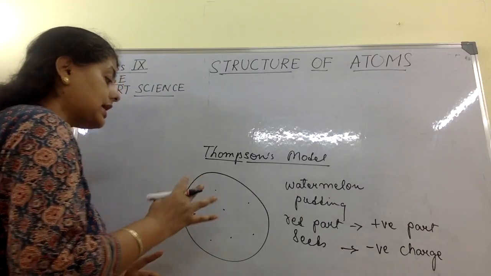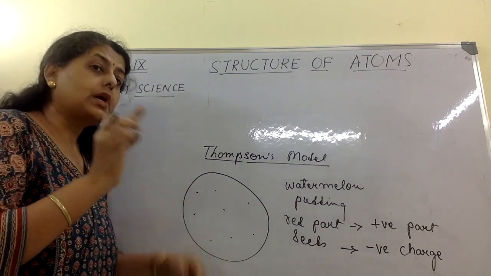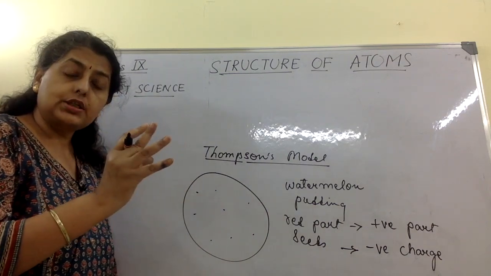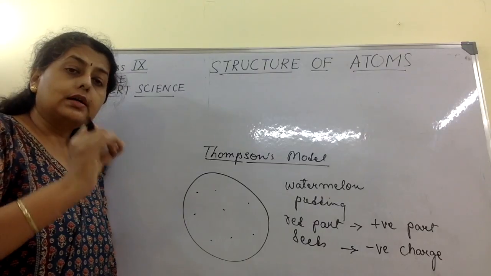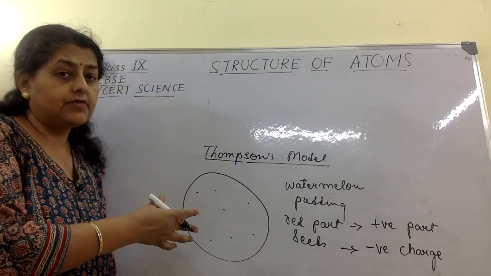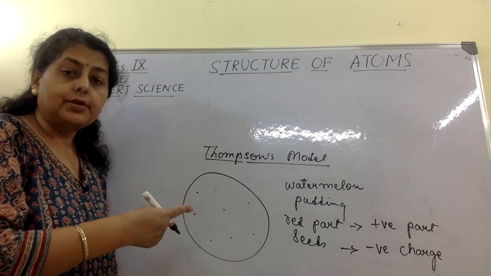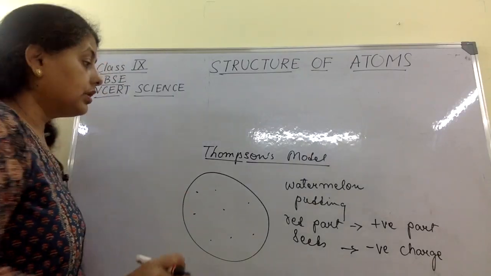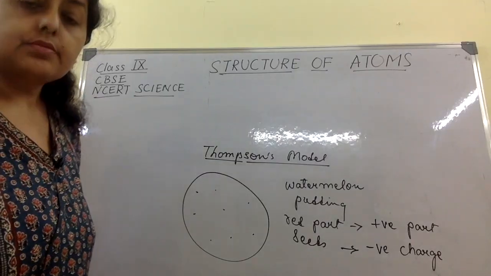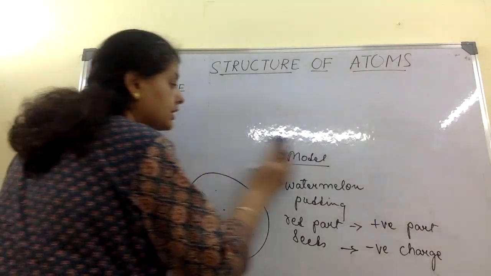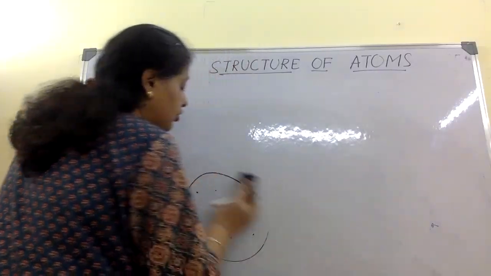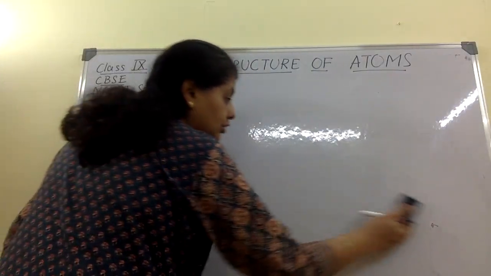So he described it as a mass of positive charge, and in between there are specks of negative charge which are like the seeds of the watermelon. This was one model given by J.J. Thompson.